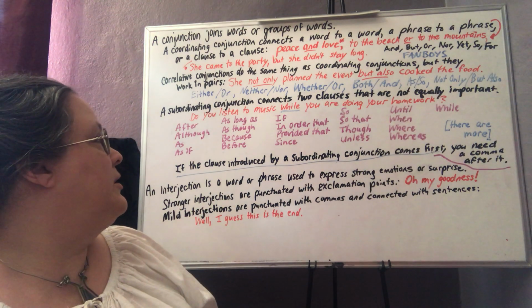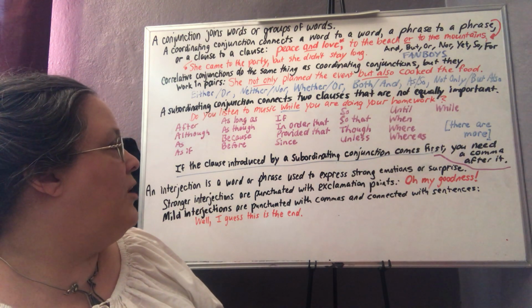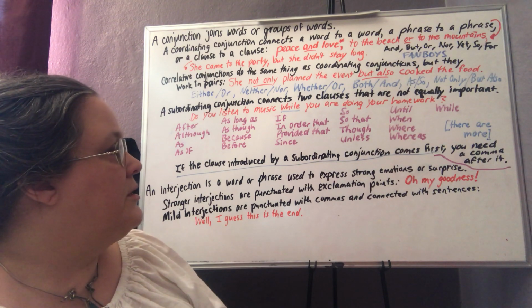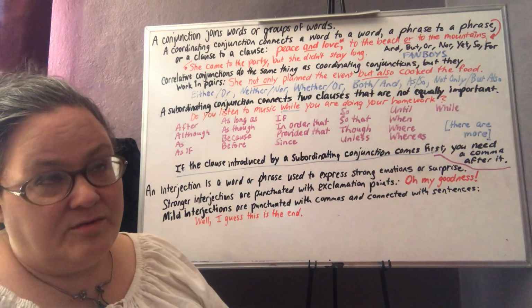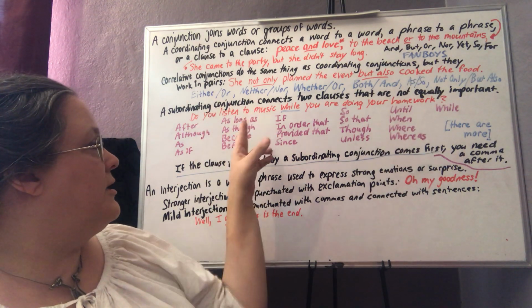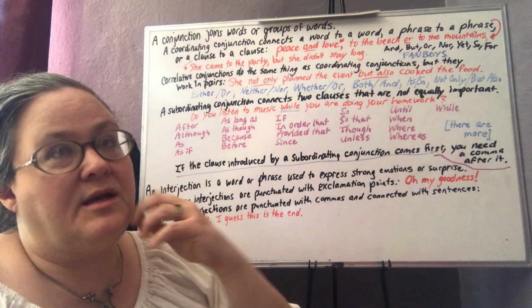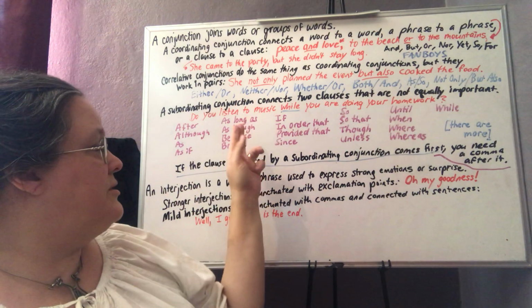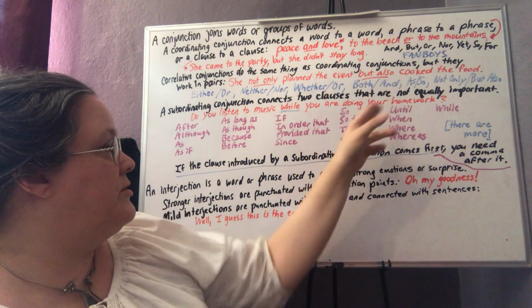For example, do you listen to music while you are doing your homework? In this case, it's a question, but it's still a complete thought on this side and a complete thought on this side. Or I can say subject and predicate on this side, subject and predicate on this side.